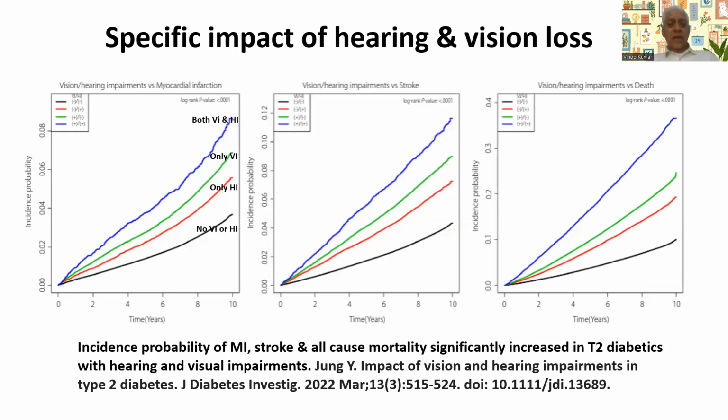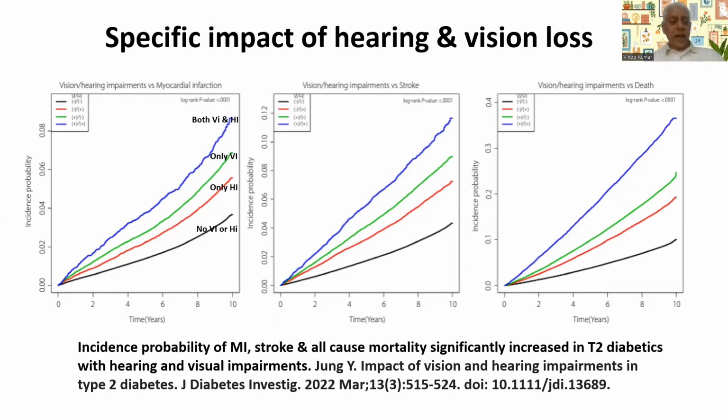This shows the impact of hearing and vision loss on three conditions. One is myocardial infarction on the left side, the stroke in the middle, and all-cause mortality on the right. The blue line, the topmost line, indicates patients who have both vision and hearing impairment, while the bottom black line indicates those diabetic elderly who do not have any of these impairments.